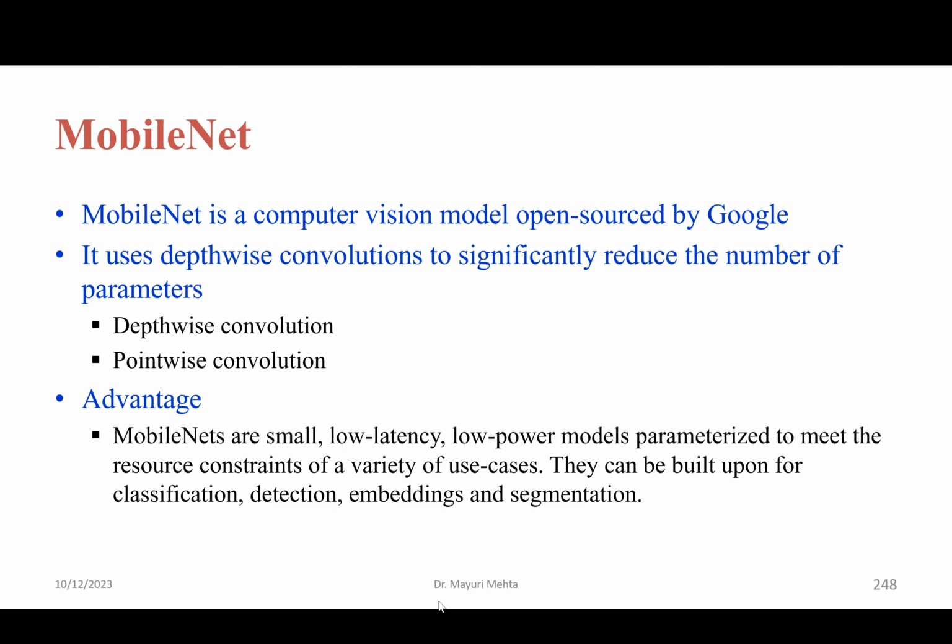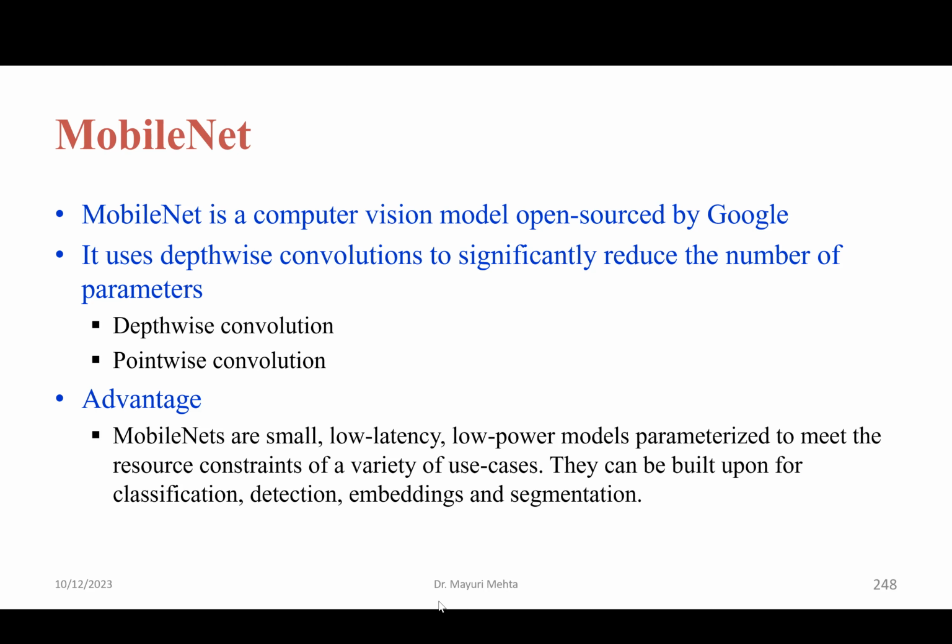MobileNet is widely used in many real world applications, which include object detection, fine grained classification, face attributes, localization, and so on.